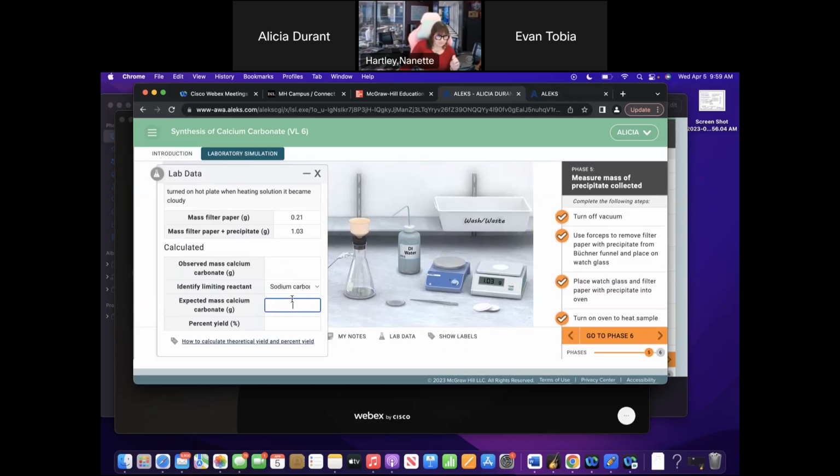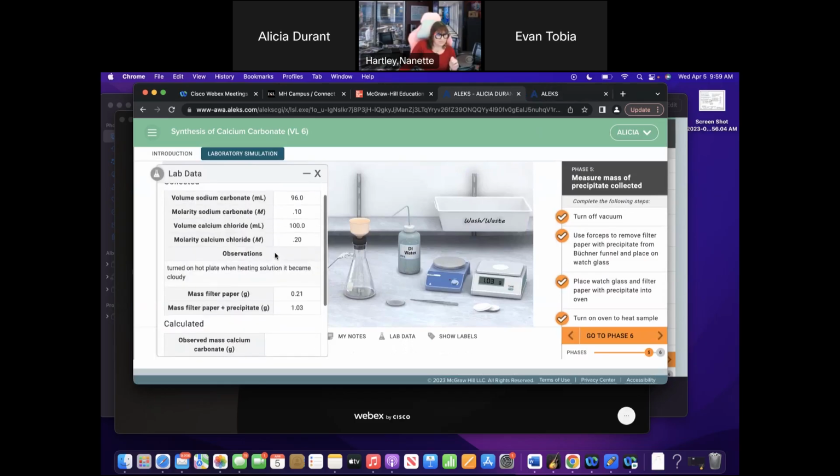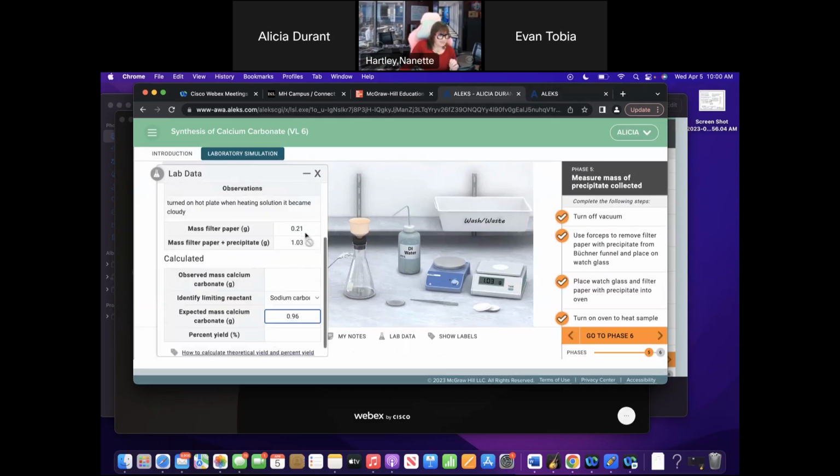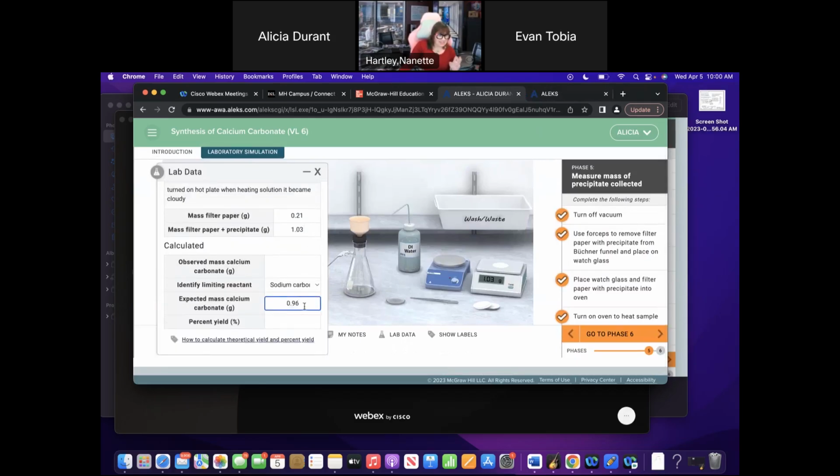Yep. Four sig figs. One, two. I think it's going to want that, but let's see what it says. Okay.